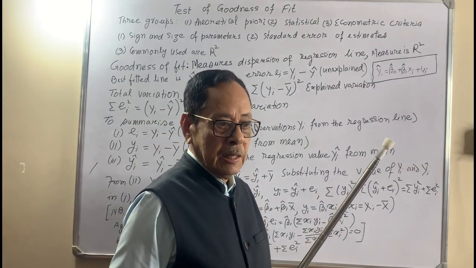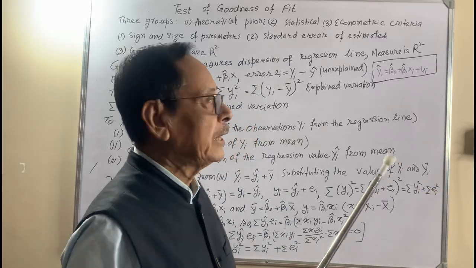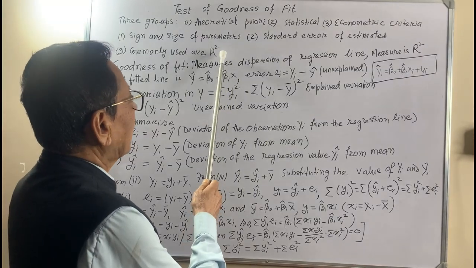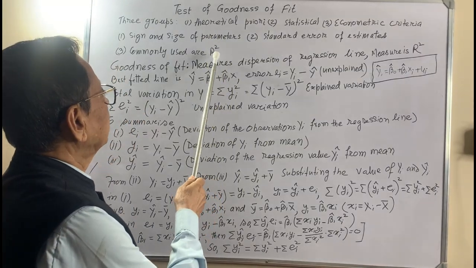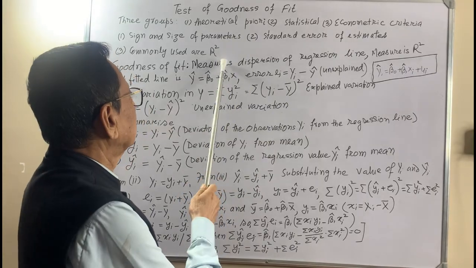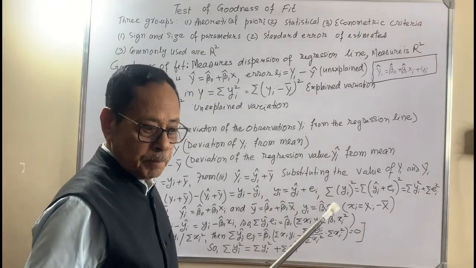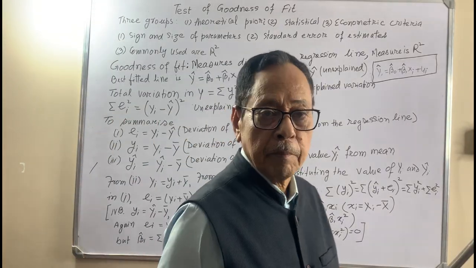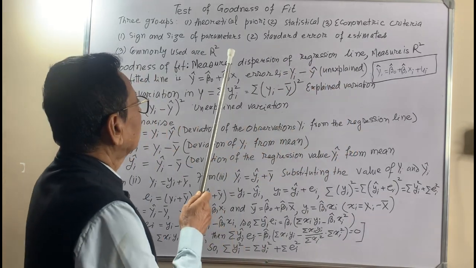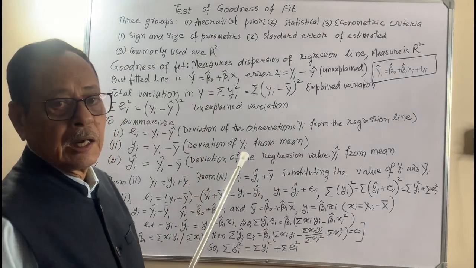That means 85% of the variation has been explained by the independent variable. So it should be higher. The value ranges between 0 and 1. It doesn't exceed 1. So nearness to 1 is generally the better acceptable value. So we accept that the function is fitted well when the R-square value is high.